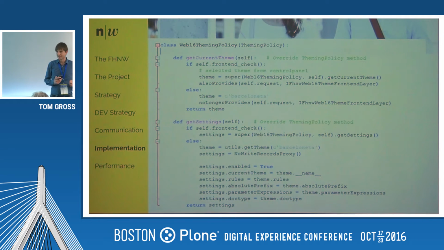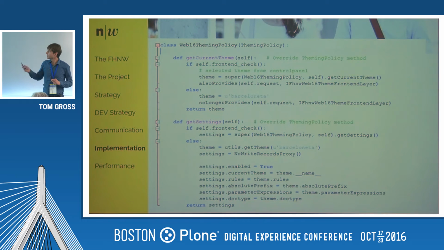So how did we achieve this? Here is the code we use for this. There is a hidden feature in Plone theming, which is called the theming policy. Who knows of the theming policy? One. I suspected so. I don't know if it's documented, but we found out.